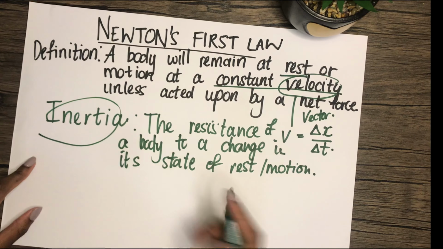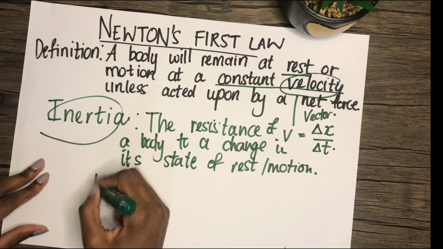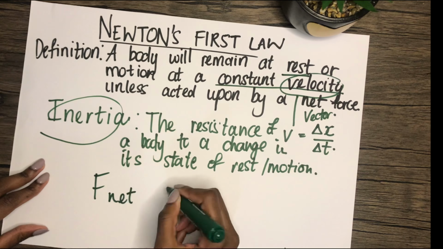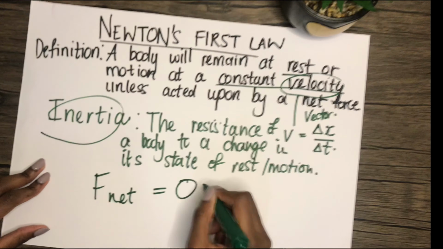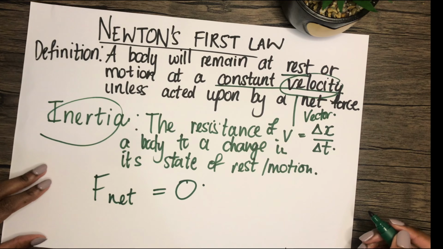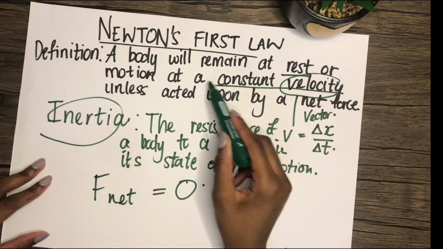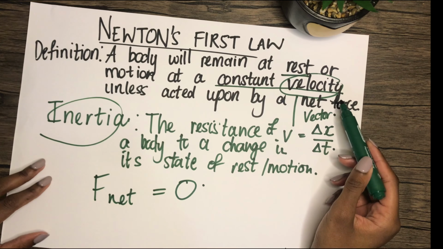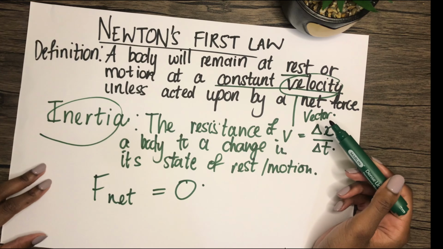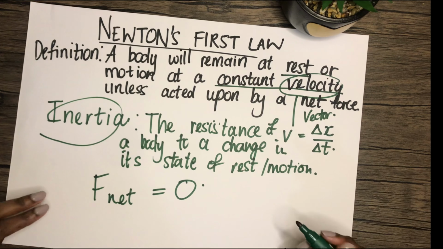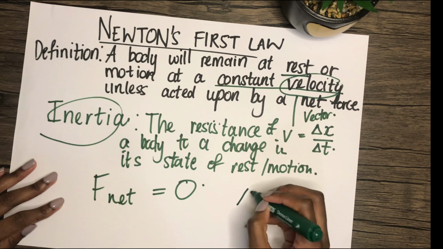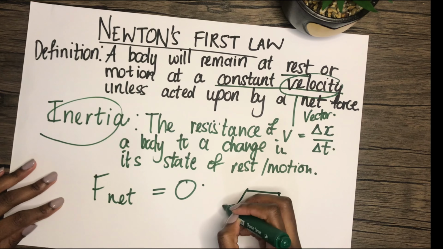When we're talking about Newton's first law, we usually emphasize that F net is equal to 0, right? Which means, if a car is moving at a certain constant velocity, then the forces acting on that car are balanced. So for instance, my drawings aren't the best, but I'm going to draw something.